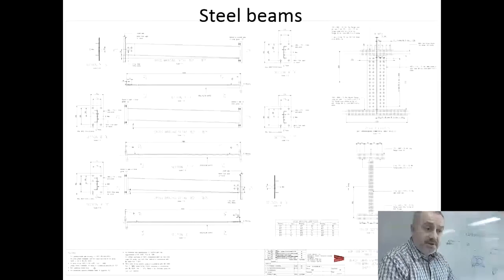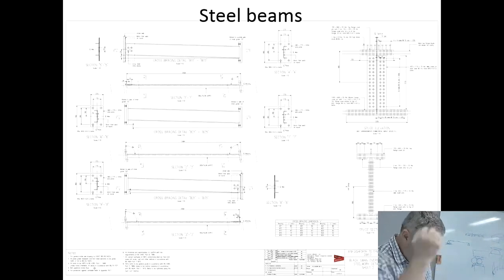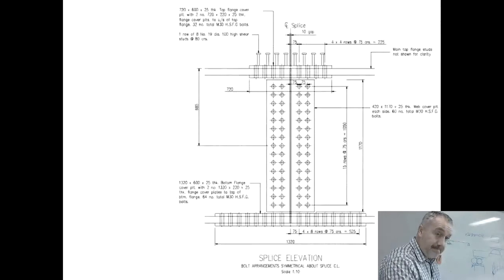And I've got some images looking at the steel work, which you can have a look at. We'll have a look at the photos first before we start talking about this. But this is all the bracing in between the steel work to stop it from twisting. And you've got the details of how the steel beams are joined together.